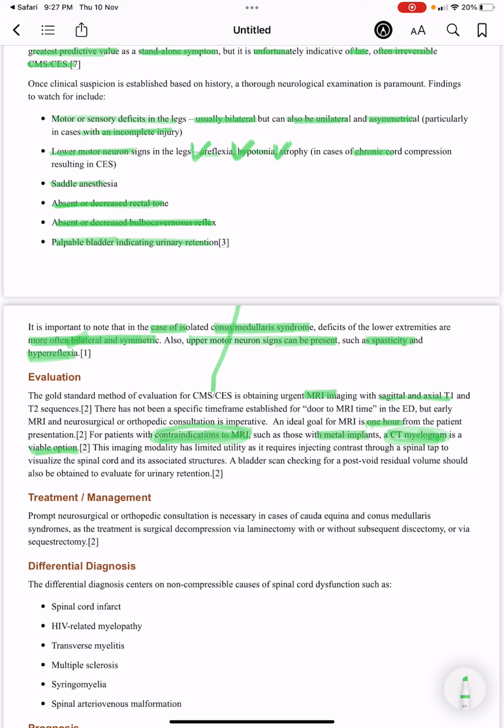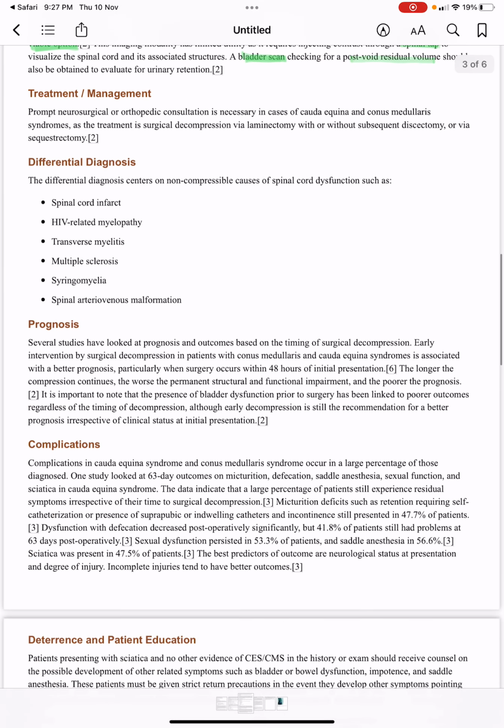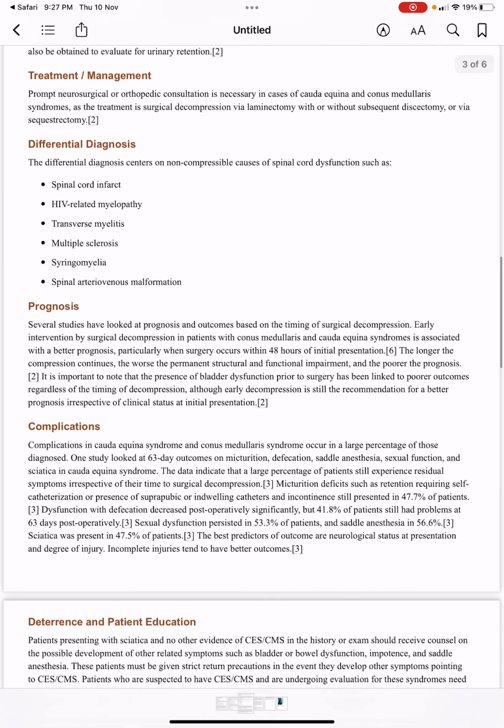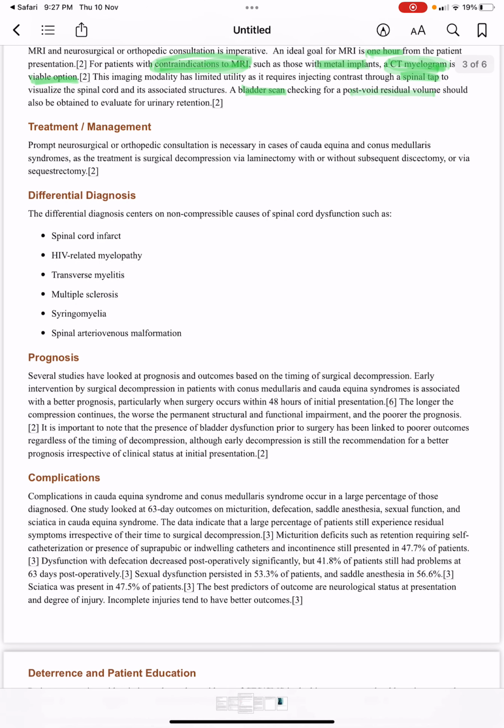A bladder scan checking for post-void residual volume should be obtained to evaluate for urinary retention. So to evaluate for urinary retention, a bladder scan should be done.